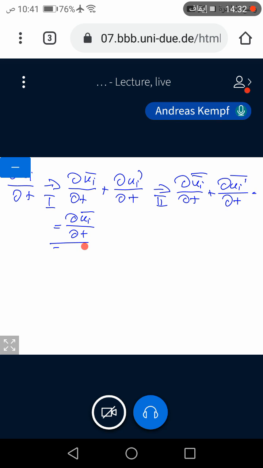Now you might say that this term here is actually 0 because of the fact that ui bar is a mean value, so this is constant, and we have a time derivative of a constant quantity. So in other words, this term becomes 0. But now this is interesting.